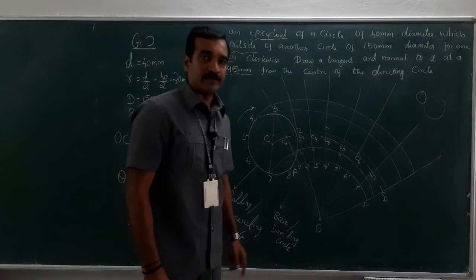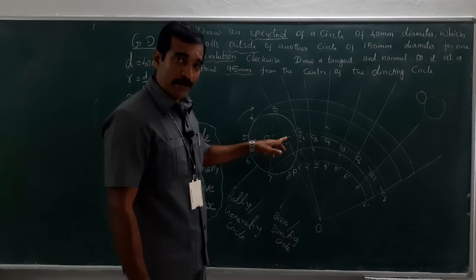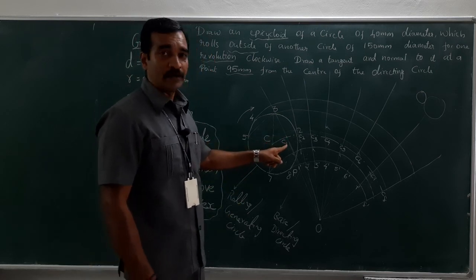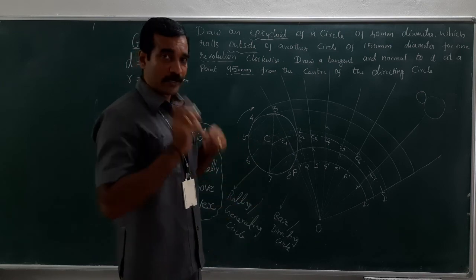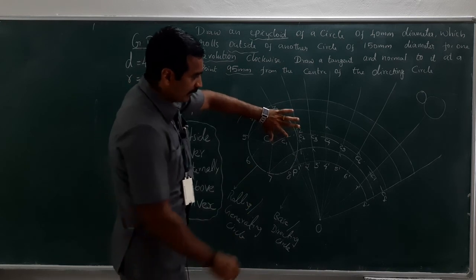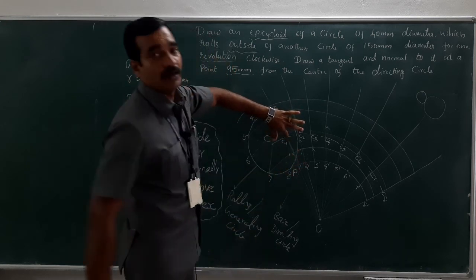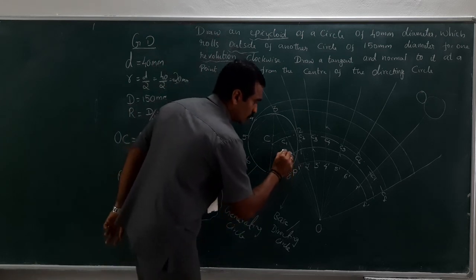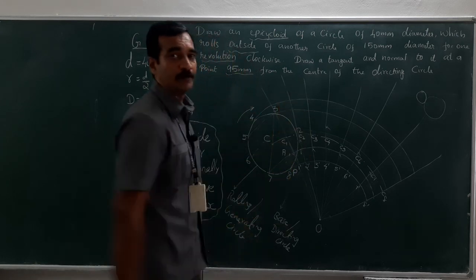Now change the center. C1 as center, where will we have to cut? This represents 1, so where line 1 is, there we have to cut. Keeping at C1, cut an arc on line 1. This one can be taken as P1.